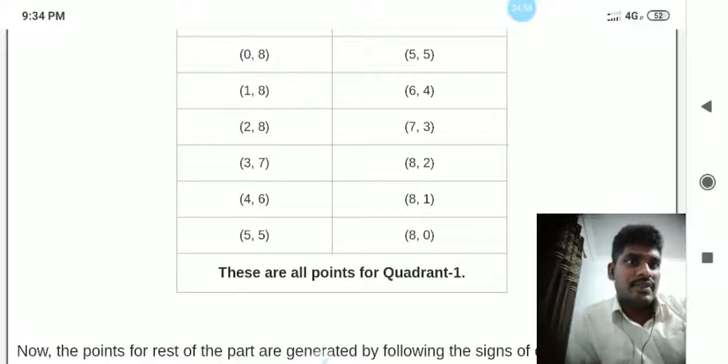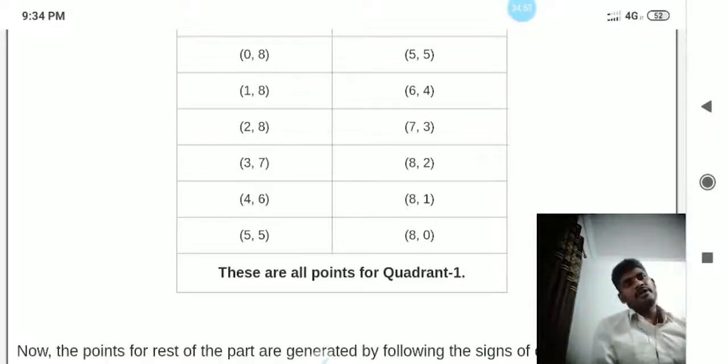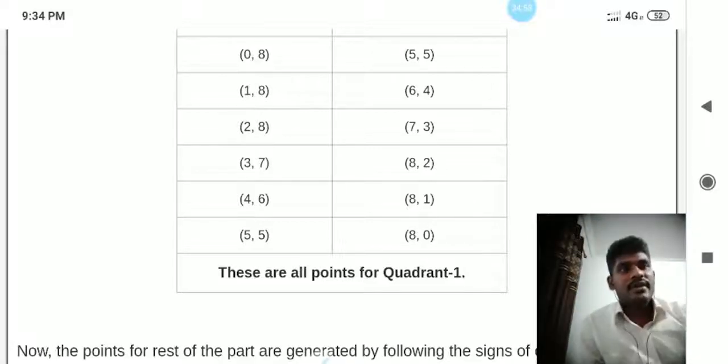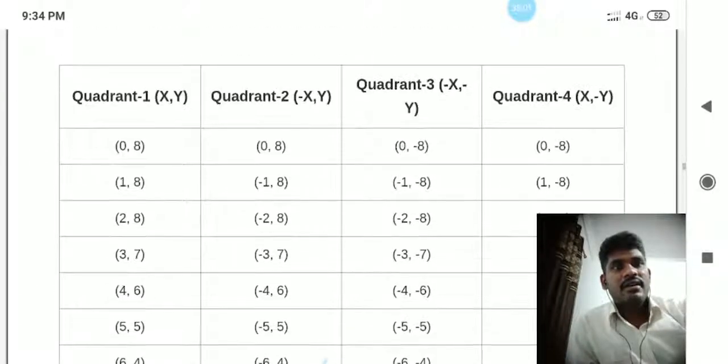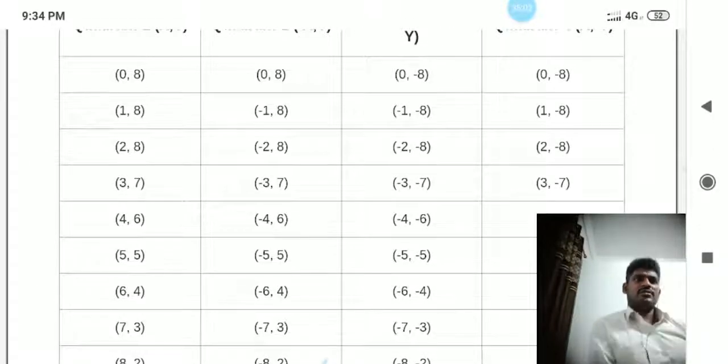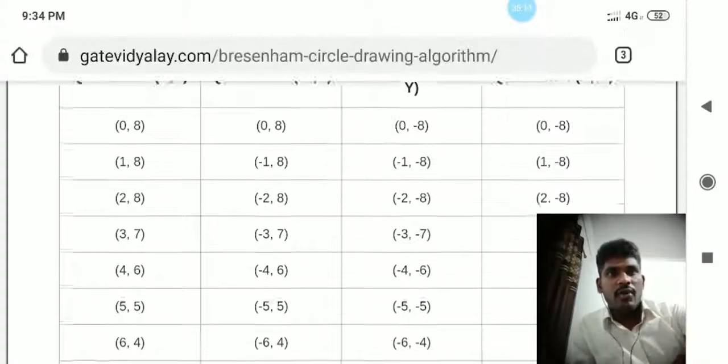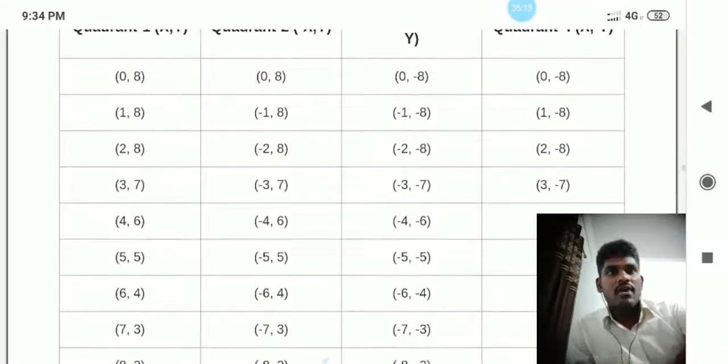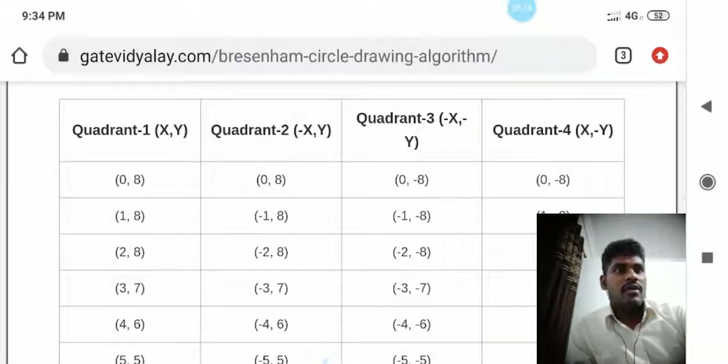Once you find one coordinate, automatically you will find the remaining coordinates. Just check here. Now the 4 coordinates have the same values, with the values reversed: the x value becomes the y value and the y value becomes the x value, or the signs change. Now we are finding the 4 coordinates values: coordinate 1, coordinate 2, coordinate 3, coordinate 4.